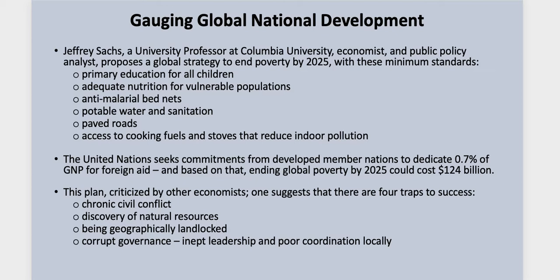Being geographically landlocked, and I assume that suggests that if you don't have ports, by the time resources get to you, they've had to run the gauntlet to get to you. And then finally, corrupt governance, which is a big issue in many of the underdeveloped nations. Leaders are either corrupt, inept, or their local governments don't coordinate things properly, and the end result is that a lot of these things don't get to the people who need them.